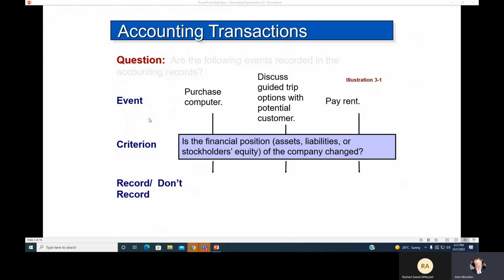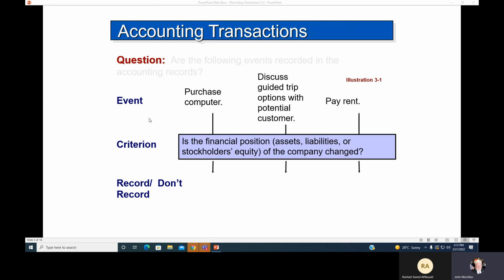Purchase of a computer is a transaction because I've got a computer and I had to give up cash or a promise to pay it.